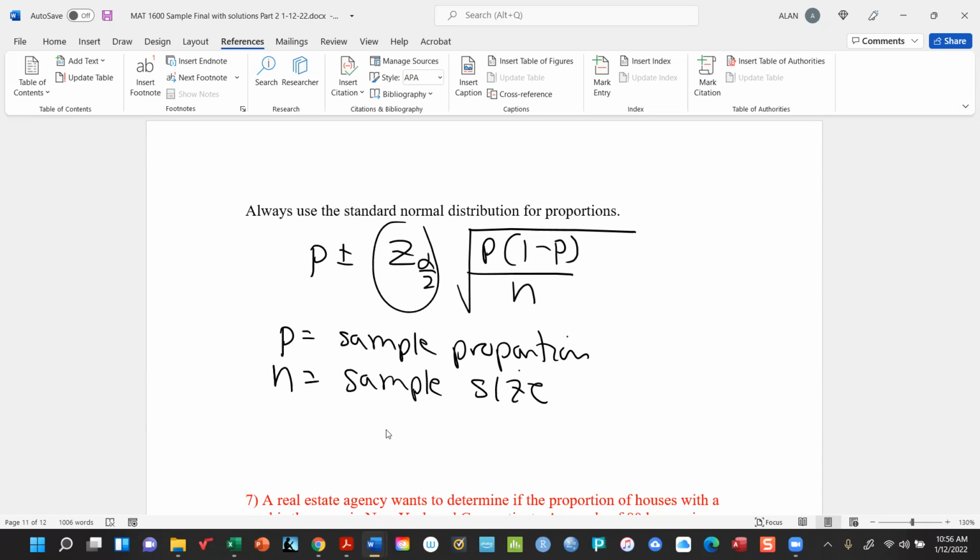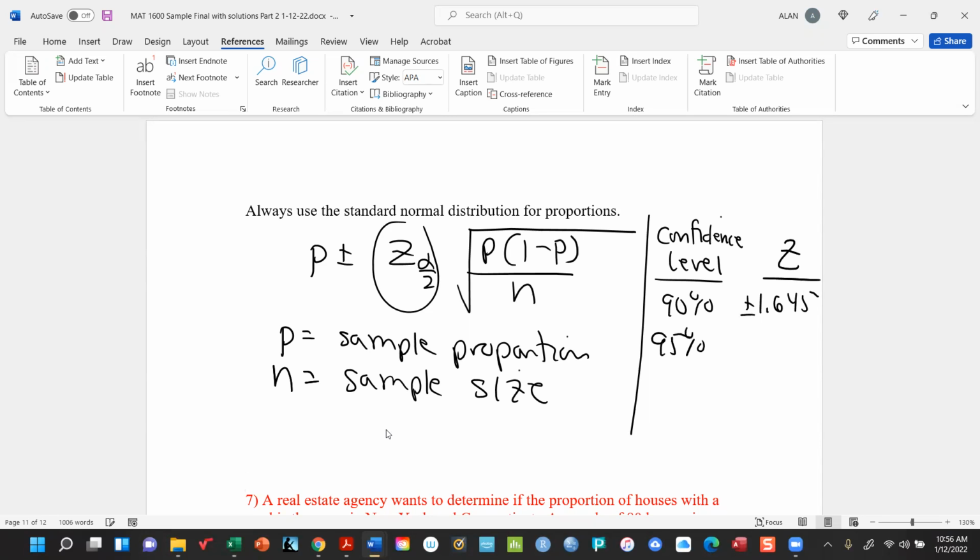Now, you might remember we had a chart somewhere along the way. I'm just filling it back in for you. So when we're using the standard normal, you really don't even have to look these up in the table anymore. You can just use them from this chart, or it's in the slides as well.